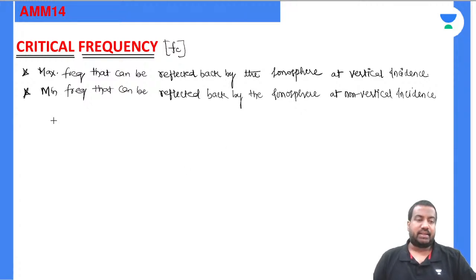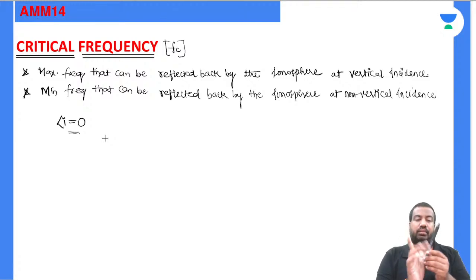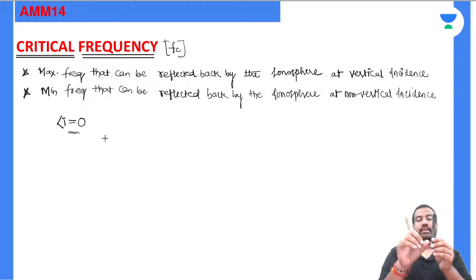Vertical incidence refers to incident angle is 0. When you are sending the wave vertically upwards like this, the angle made with the normal is 0. See the angle between these two points here. The wave is sent like this, then this is the angle, V shape.